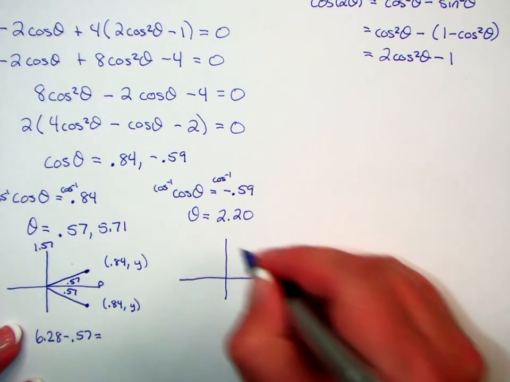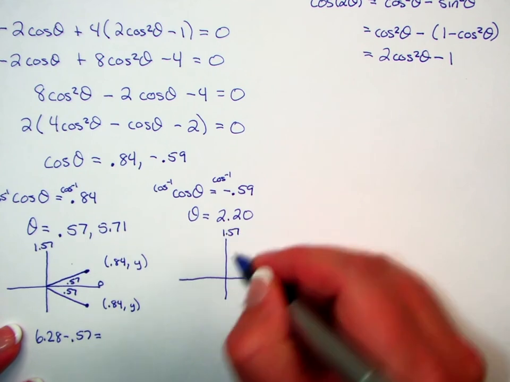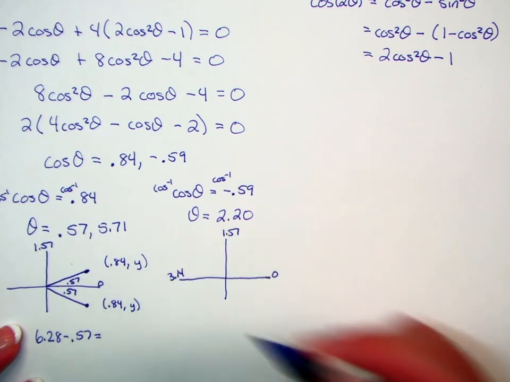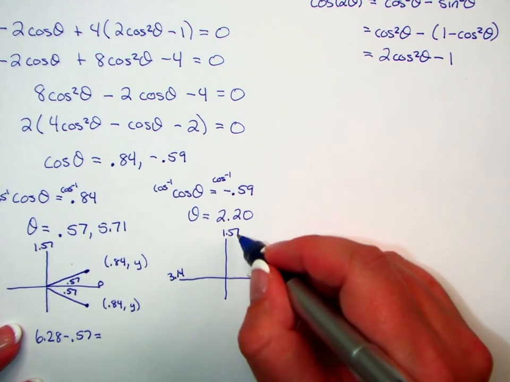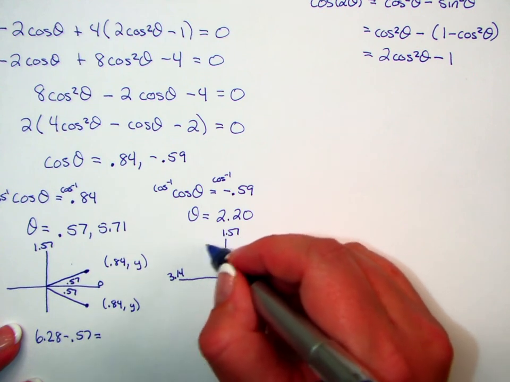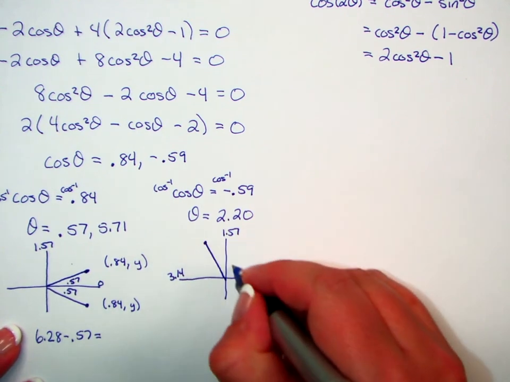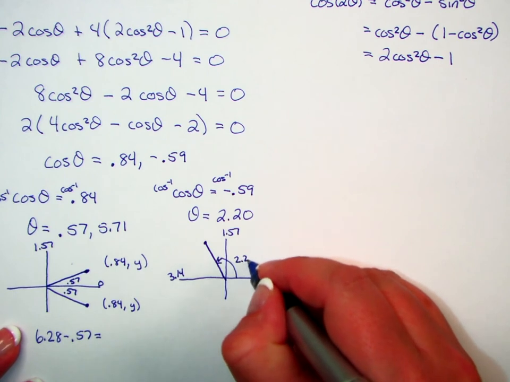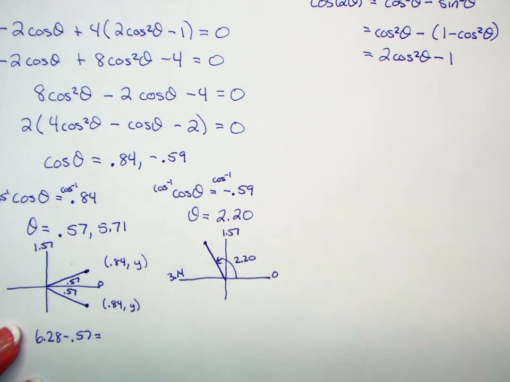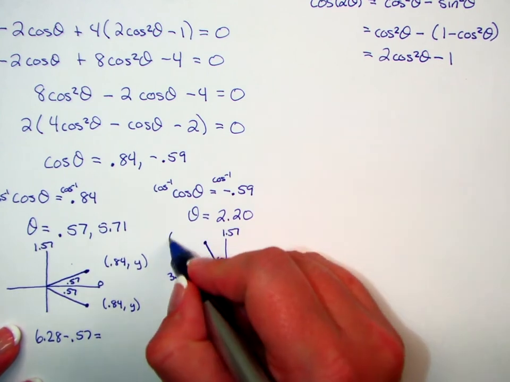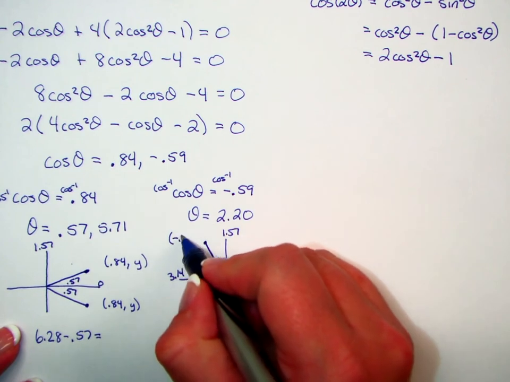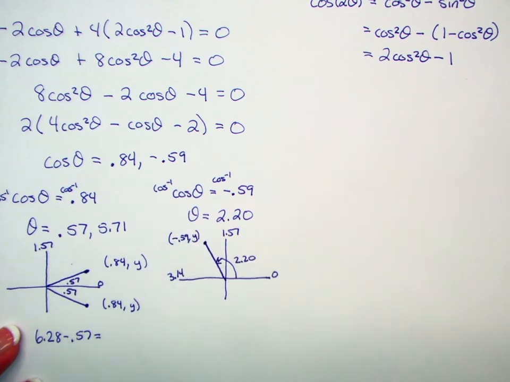This is 0, this is 1.57, this is 3.14. So 2.20 is like here-ish. This is 2.20. This point on the unit circle has an x value of -0.59, comma some y.